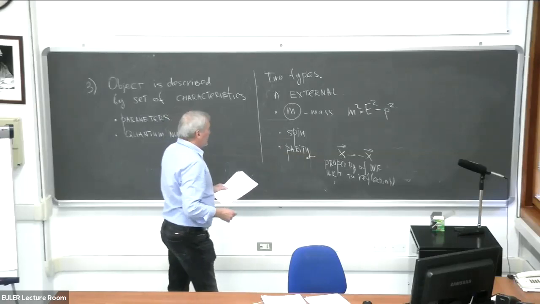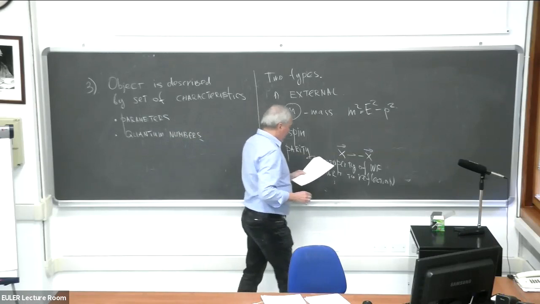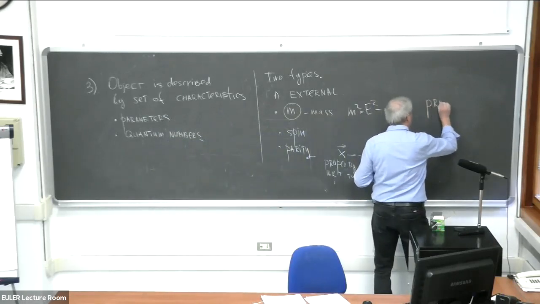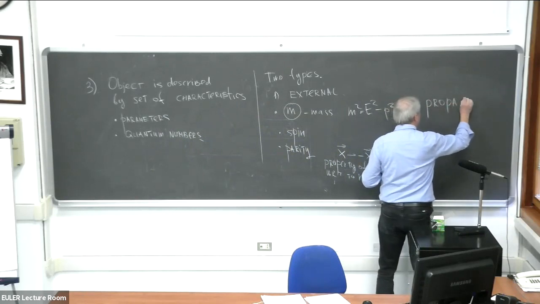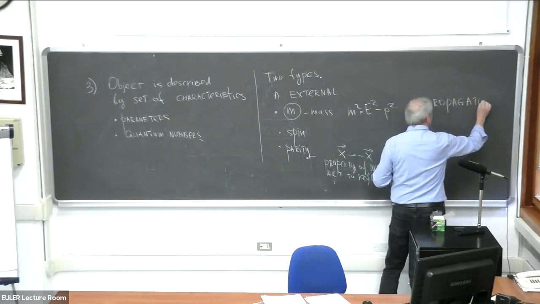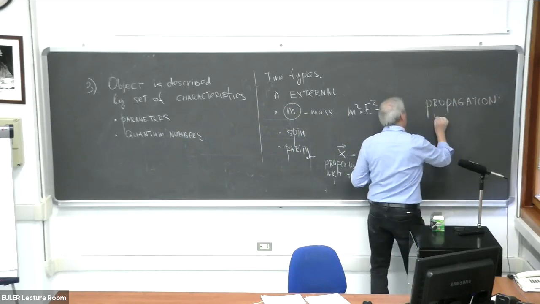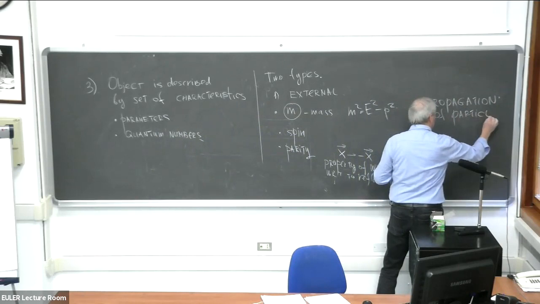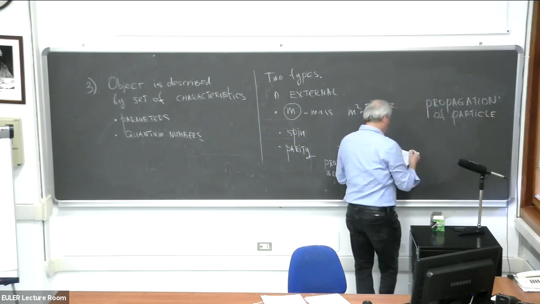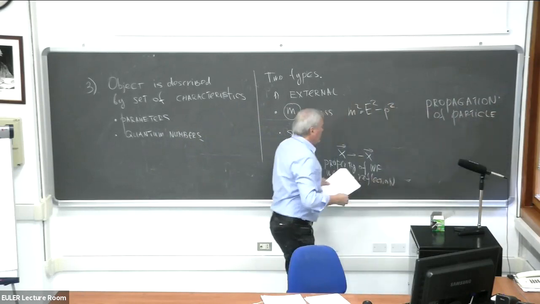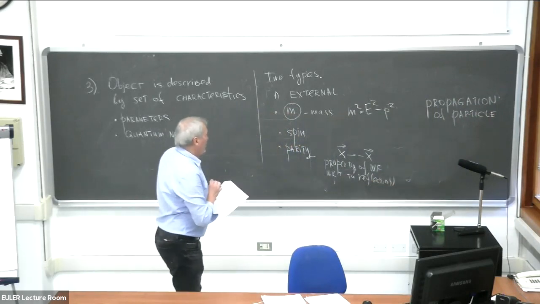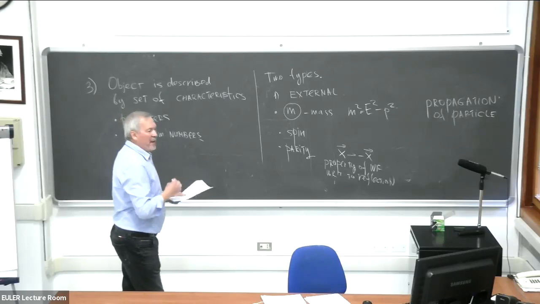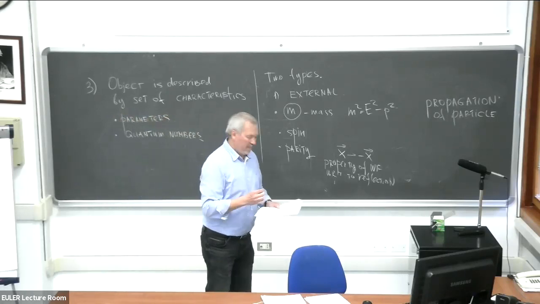These characteristics are characteristics of propagation of the particle. So these are features of the external space, the properties of particles with respect to propagation in external space.